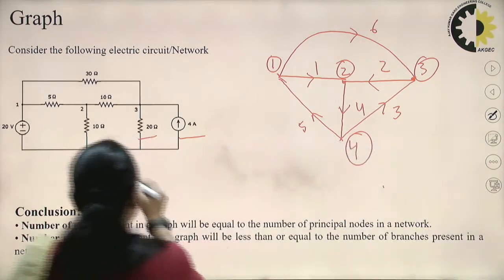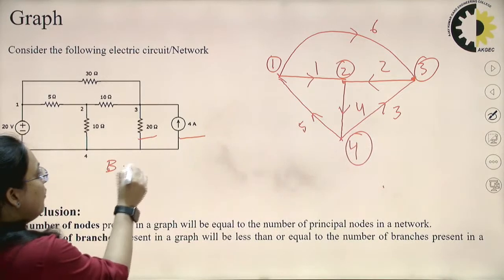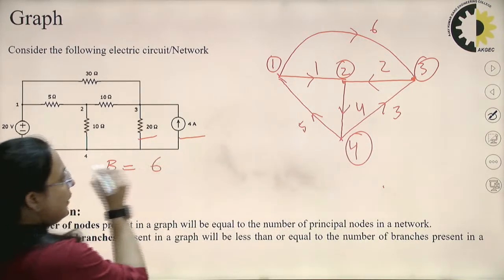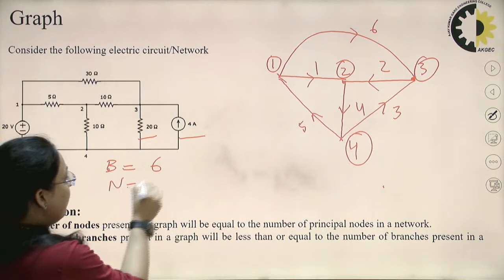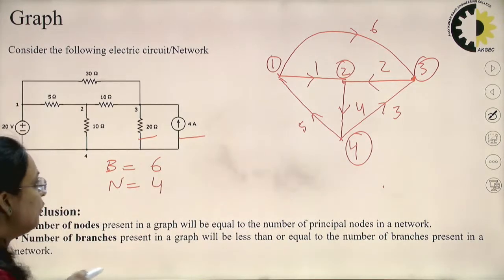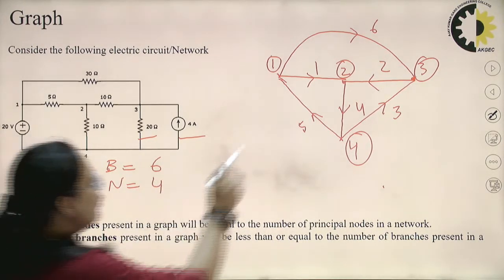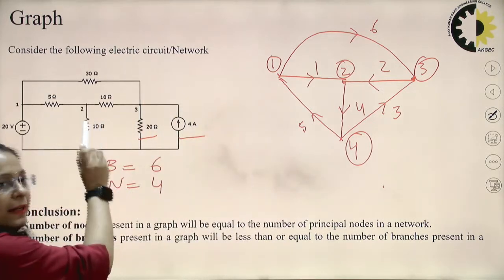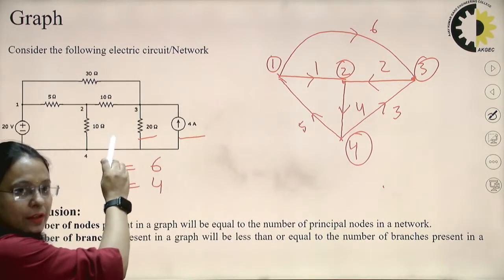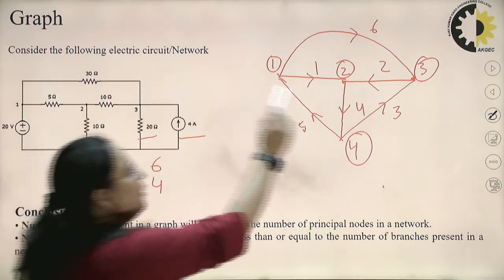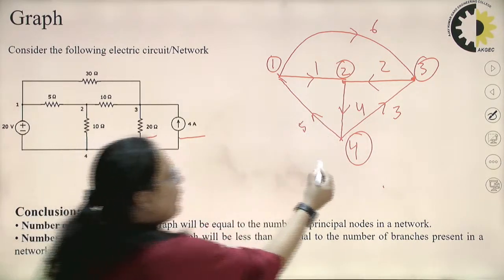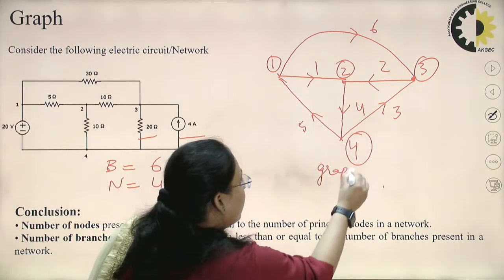Let me write it. The number of branches in this graph is 6 and the number of nodes in this graph is 4. So you can see that the number of nodes present in the given electric circuit will be the same as the number of nodes in the graph that we have drawn here.